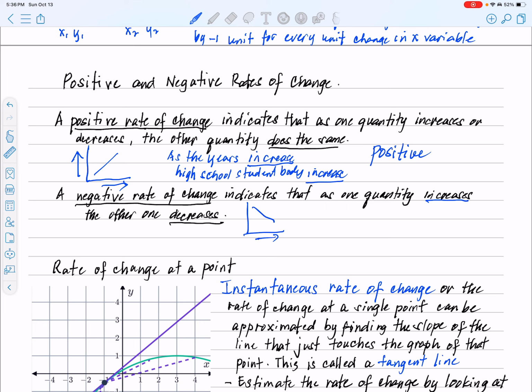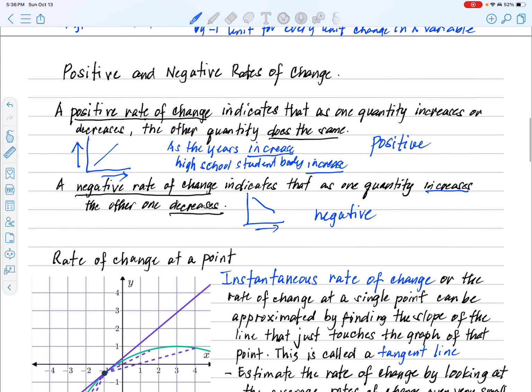Our dependent decreases, so our graph tends to go down. So one variable is increasing and the other one is decreasing. And that is an example of a negative rate of change.